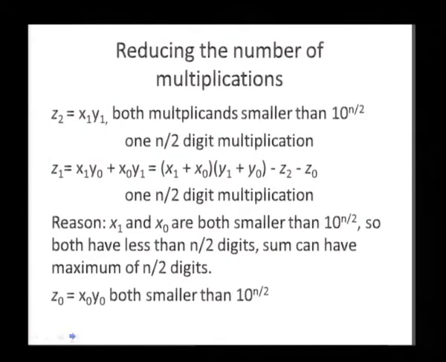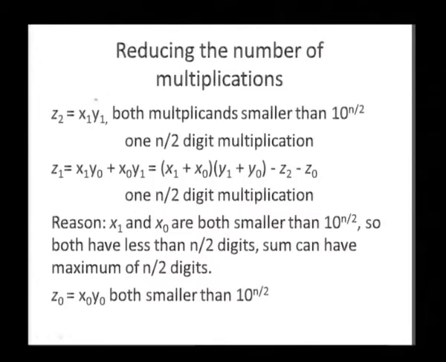Now, let us just look at the reduction in the number of multiplication operations. Both x1 and y1, as we have seen, are smaller than 10 to the n by 2, that is, they have less than n by 2 digits. Same with x0 and y0. Secondly, let us just look at the sum of the two of them.